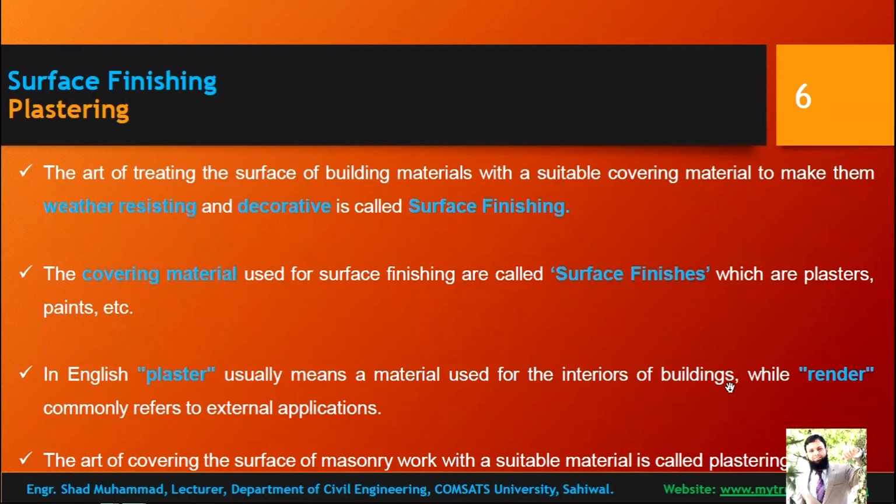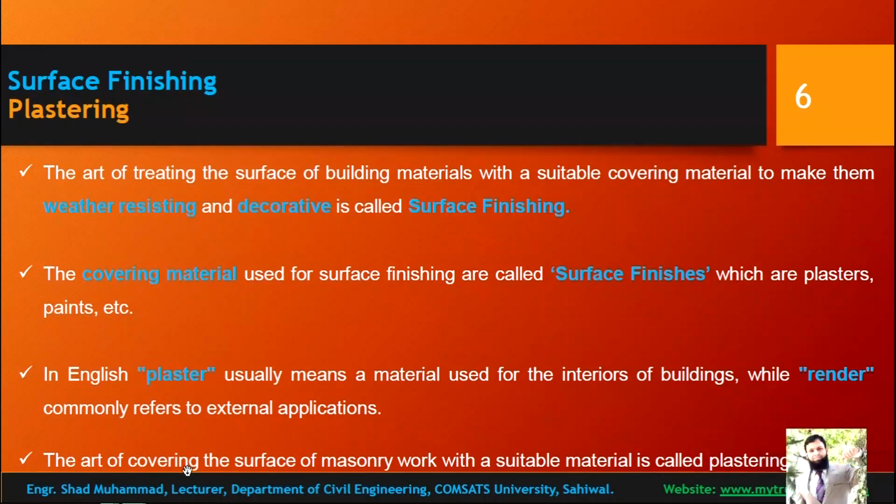As in AutoCAD 3D, when you draft a 3D model of the building, you use the word render in your software, 3D rendering. That is the external application of surface finishing.